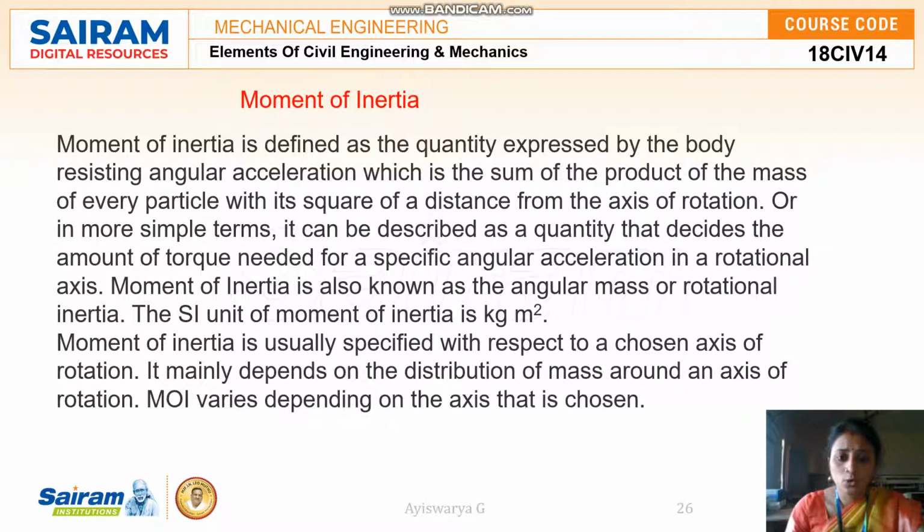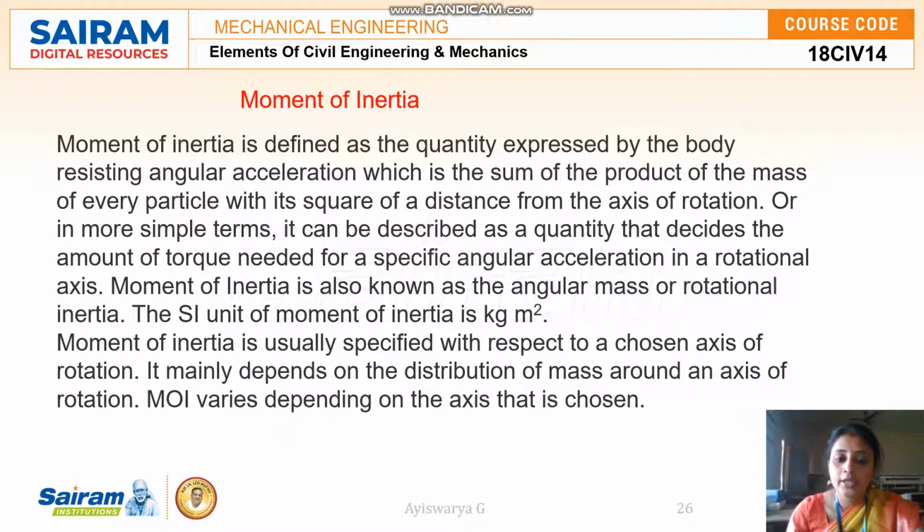So as I said, the moment of inertia is defined as a quantity expressed by the body resisting angular acceleration. This is the sum of the mass of every particle into the square of the distance from the axis. Or very simply, it's the amount of torque needed for a specific angular acceleration in a rotational axis.